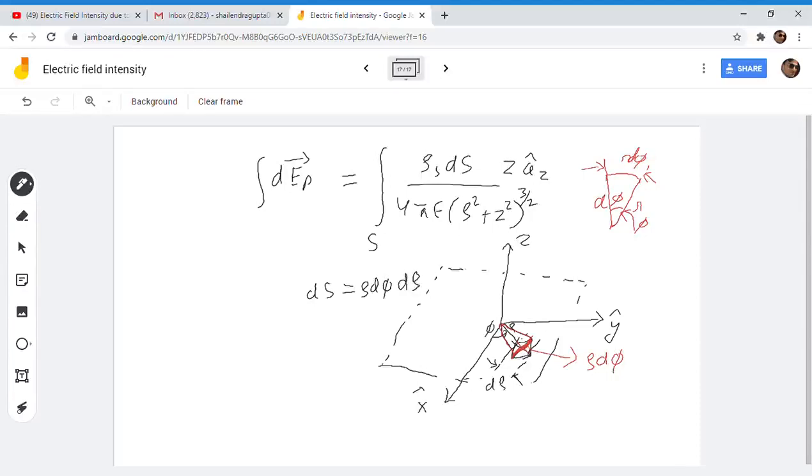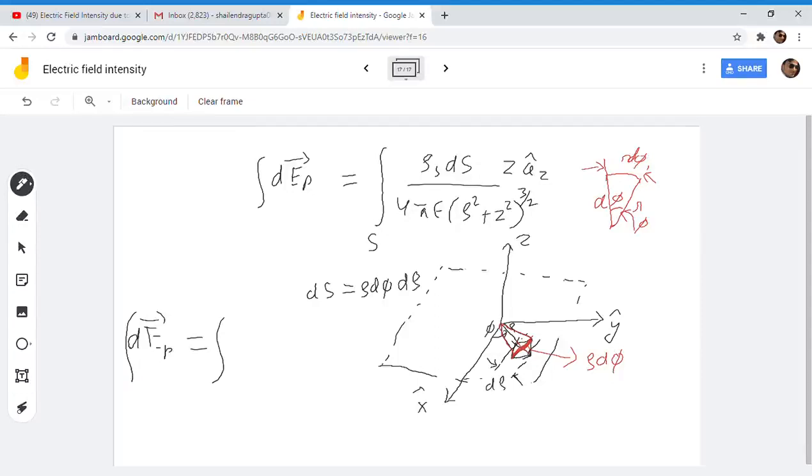Okay, so you need to once more look into how we are calculating this differential surface area. So this ds is rho d phi d rho. So we can put it here, so our dEP will be what?